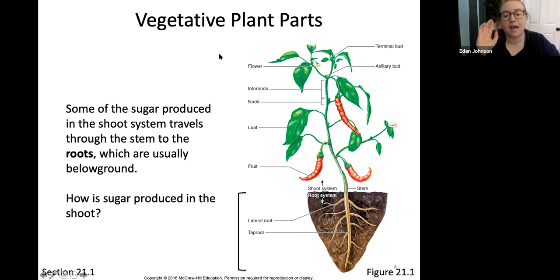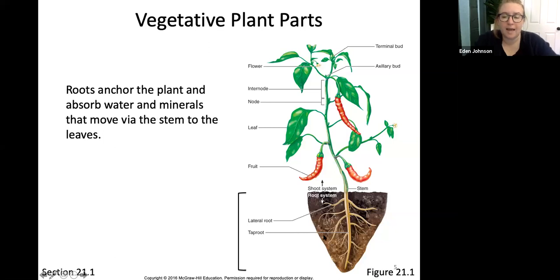All right, guys, how is sugar produced in the shoot? Well, sugar is produced in the shoot via the chlorophyll in these leaves, and you're going to go through photosynthesis. Those leaves are going to store the sugar, but also are going to send that sugar down via the stem to the root system, because the root system needs sugars also, okay?